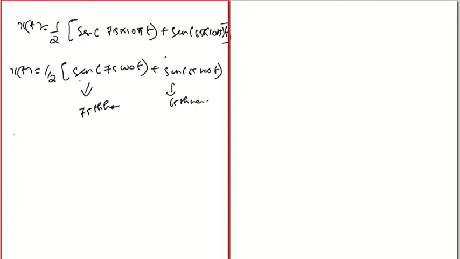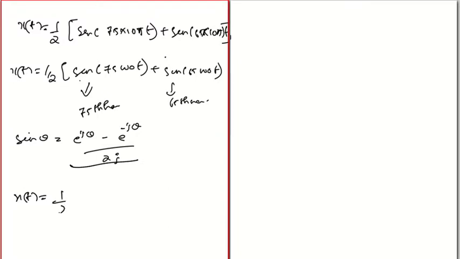So I'll write this using sine theta is equal to e raised to j theta minus e raised to minus j theta divided by 2j. So instead of sine 75 omega 0 t, I will write half into e raised to j 75 omega 0 t minus e raised to minus j 75 omega 0 t divided by 2j.